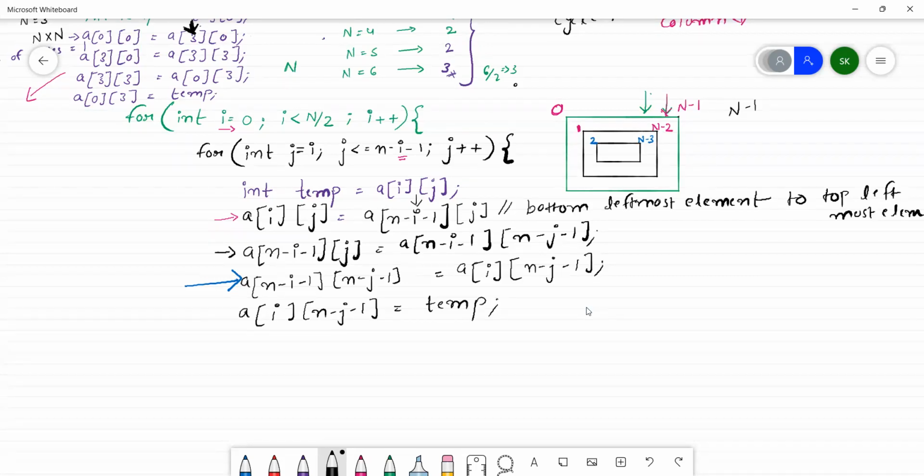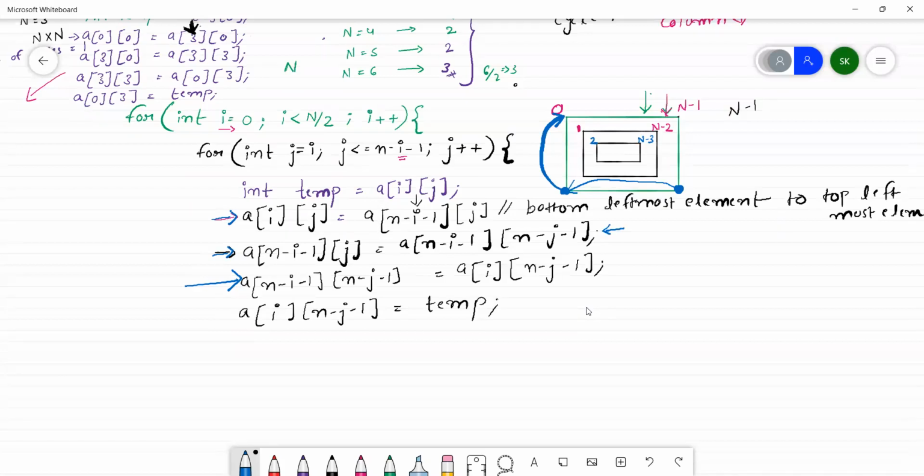See, first thing what you did, I'll just point out here. The value was here and you moved it to here, correct? Now your value is here and you're moving it to here, correct? You have written here a of n minus i, whatever. This is the indexing of your bottom leftmost element and you're assigning it to the rightmost element, right? You understood this, correct?